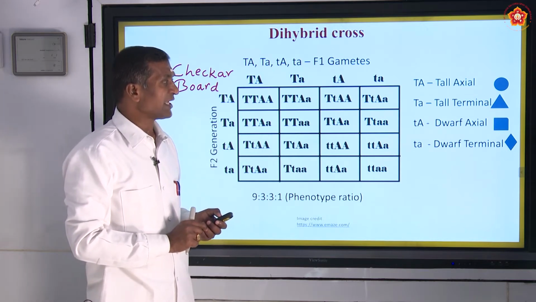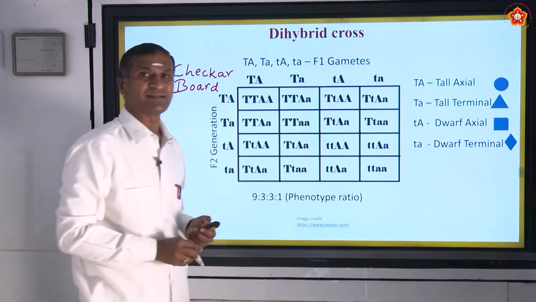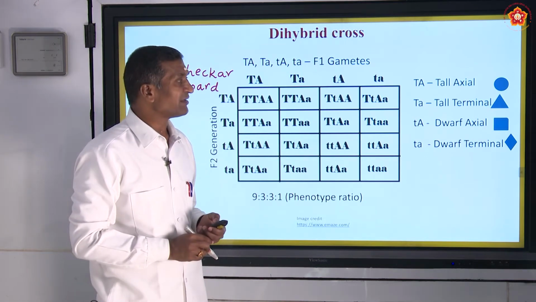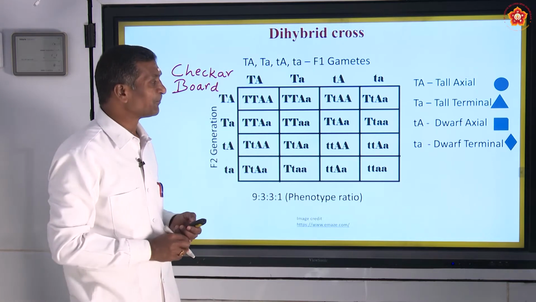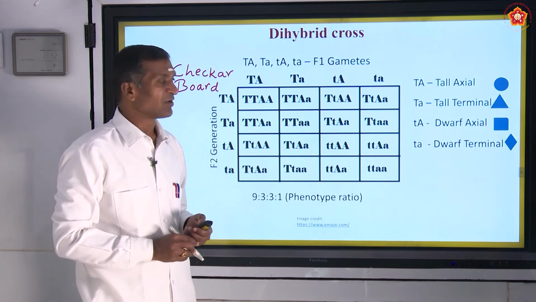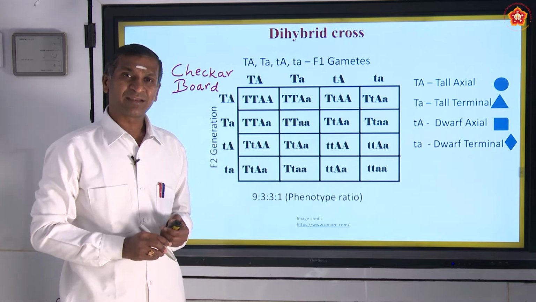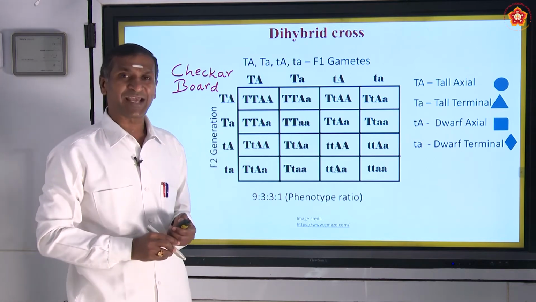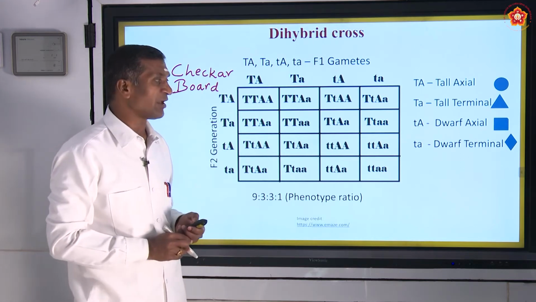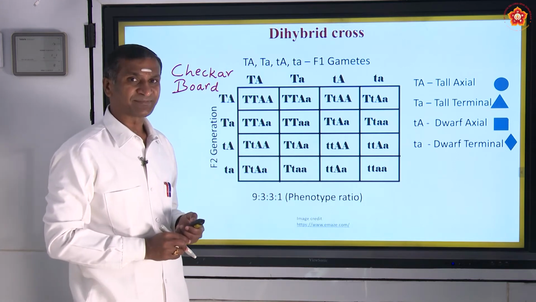Among the 2 T's, if 1 T is capital T, then it is tall; among the 2 A's, if we have only small a, then it is terminal positioned flower. Among the 2 T's, if the T's are small t, then it is dwarf; among the 2 A's, if at least 1 A is capital, it is dwarf and axial. If the 2 T's are small, it is dwarf, and if the 2 A's are also small, it is terminal.